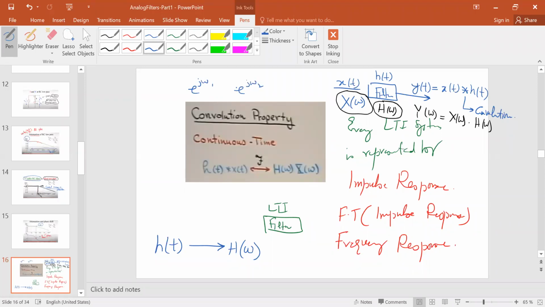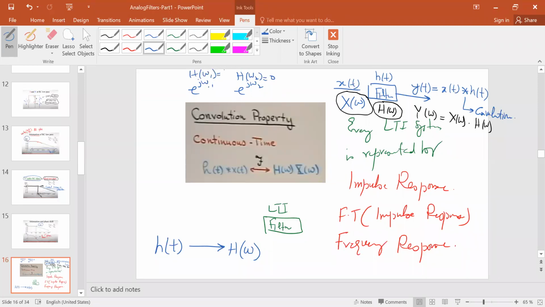So there are a couple of frequencies. Now you have h of omega. Maybe h of omega 2 is 0 and h of omega 1 is 1. So it will allow e to the power j omega 1 t to pass, and e to the power j omega 2 t is completely cancelled. So this is how the filter works.